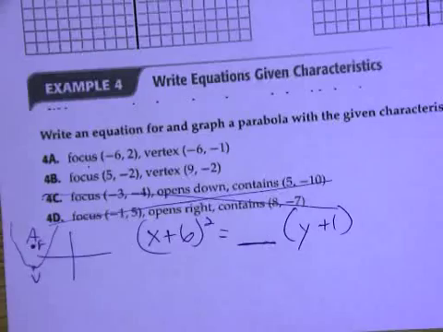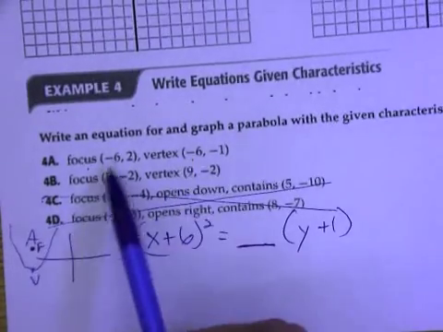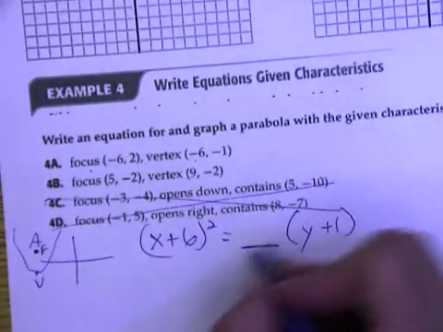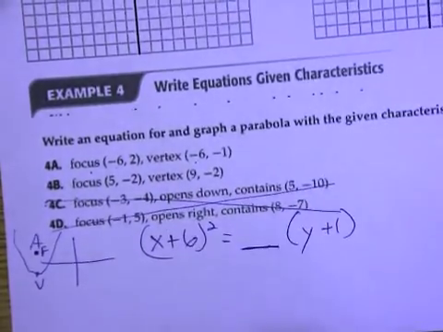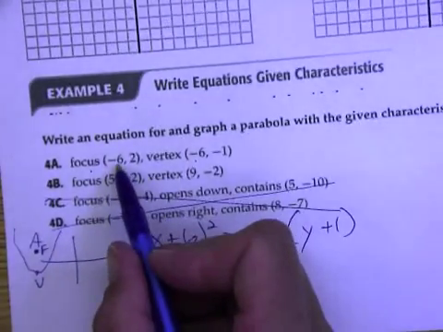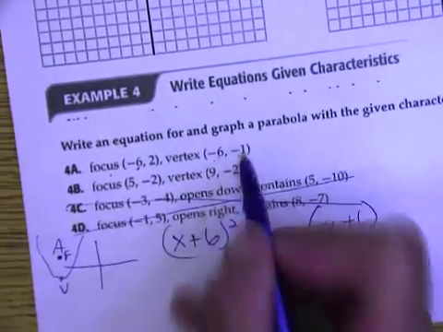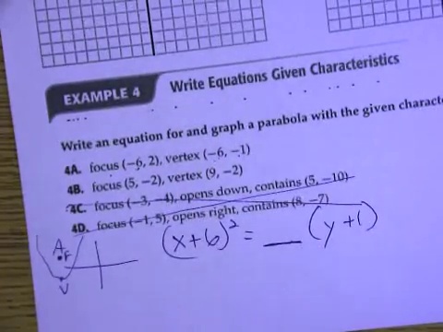So I know it's opening up, which means p is positive, and that it's my x term being squared. So x plus 6 squared equals, and I'm going to figure out the p-value in a moment, and inside the other parenthesis, I've got y plus 1.